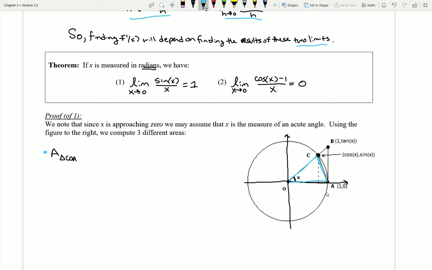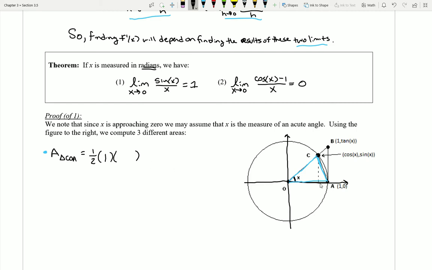Okay? Now, if I want this particular triangle area, I'm again going to use the classic area of a triangle formula. So that's going to be 1/2 whatever the length of the base is times whatever the height is. So the base of this triangle would be this horizontal distance here, which we can see very clearly is just the distance 1, since we stretch from 0 over to A. And this has coordinates of 1, 0.